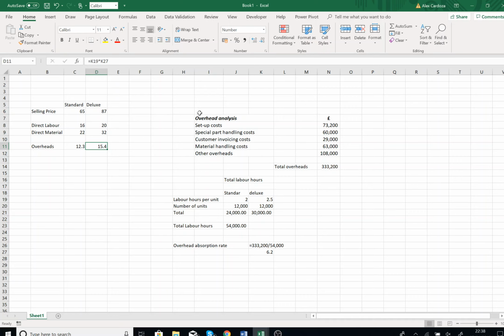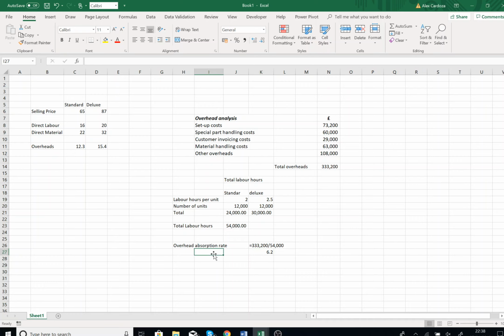Remember, they want to know the profit per unit. If you've got 333,200 in overheads and total labor hours of 54,000, and you want to absorb your overheads by labor hours, you divide 333,200 by 54,000 to get 6.2.